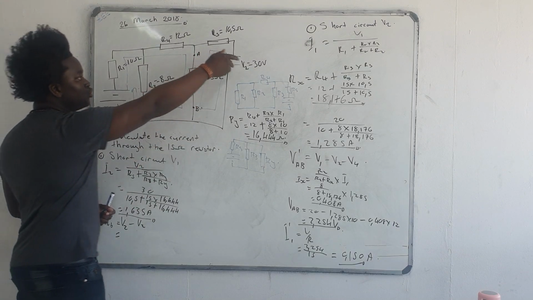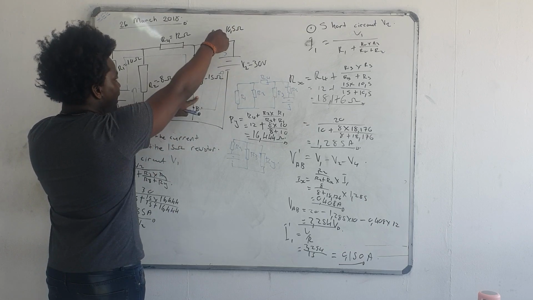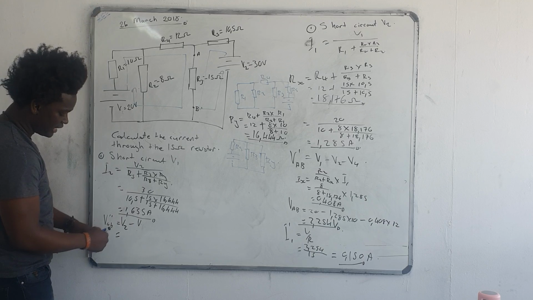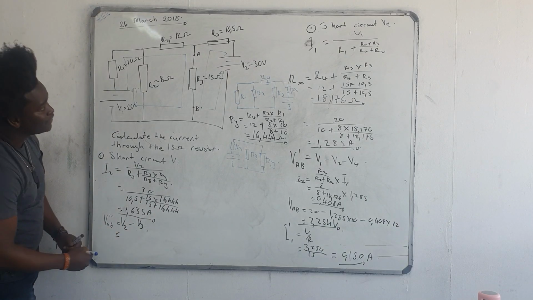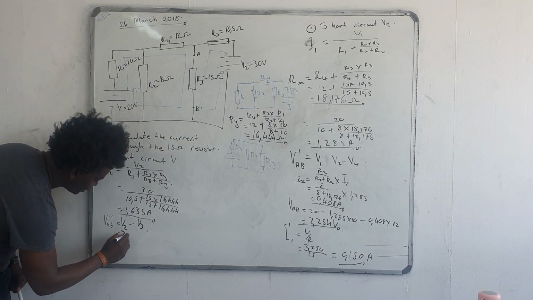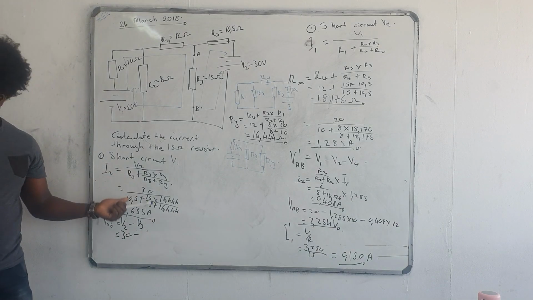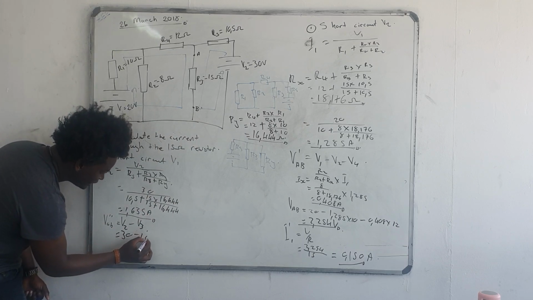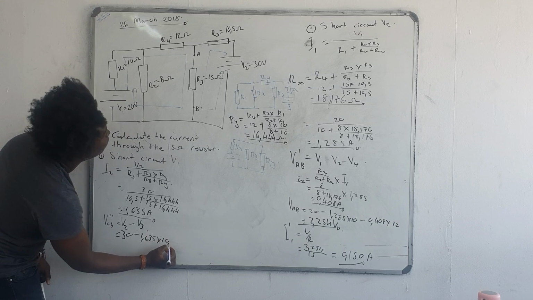So making VAB the subject of the formula, VAB is equal to V2 minus whatever name you give to that one. Let's just call it V3 so that it's simple, right? Our V2 we have at 30 volts, minus the voltage, which is current multiplied by resistance. Our current here we calculated to be 1,635, multiplied by the resistance there, which is 10,5.